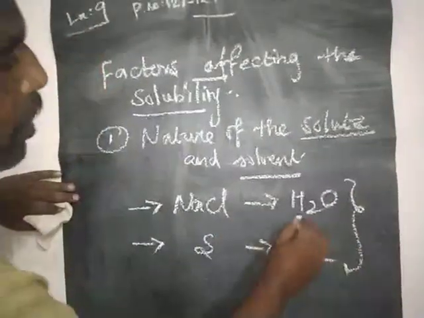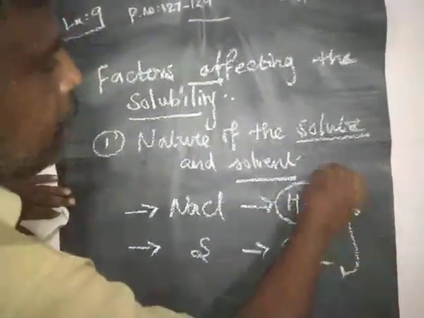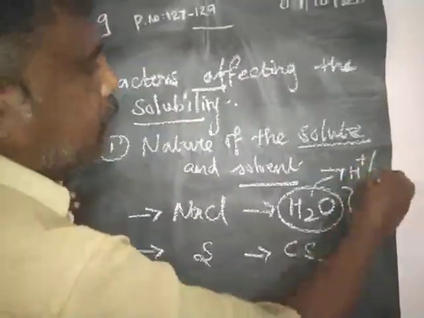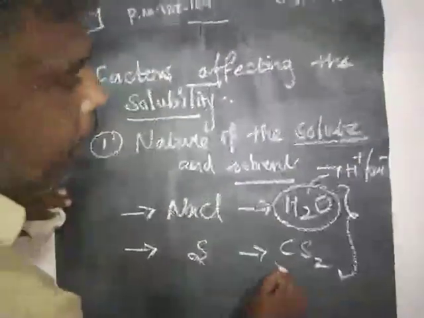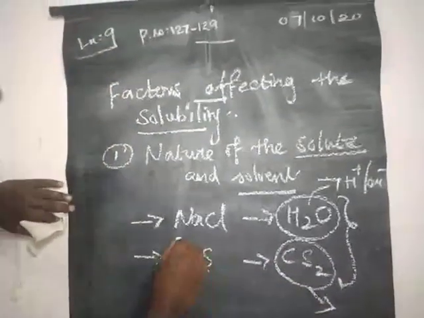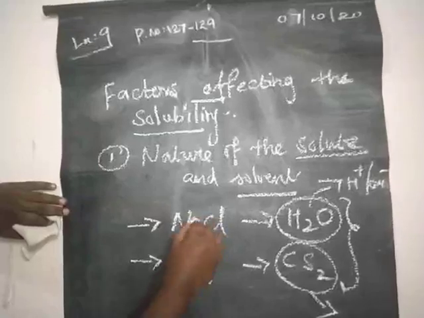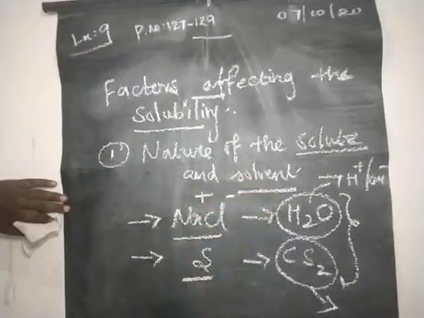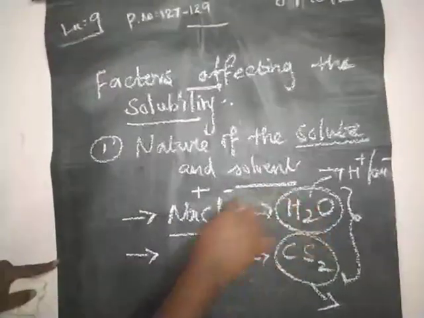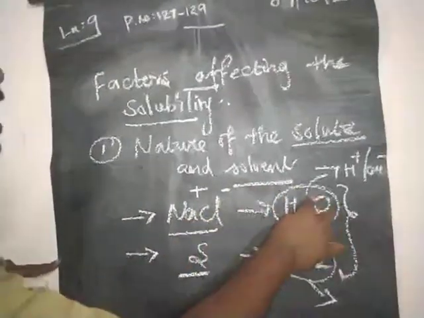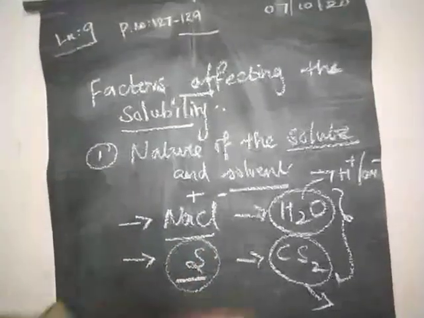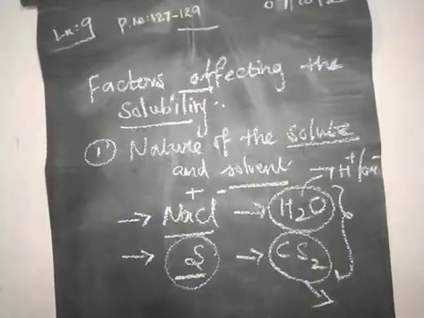Water may dissociate and give ions H plus and OH minus, but in carbon disulfide we cannot get ions. In the same way here, Na plus and Cl minus. Based on this conclusion, a polar substance dissolves in a polar solvent, and a non-polar substance dissolves in non-polar solvents.